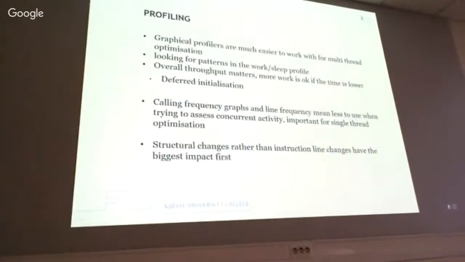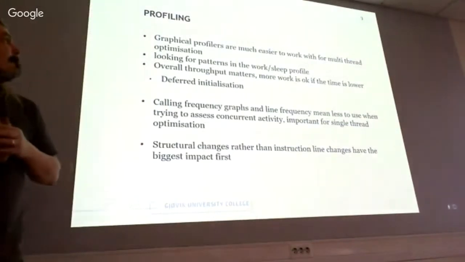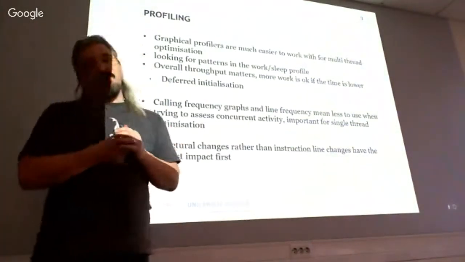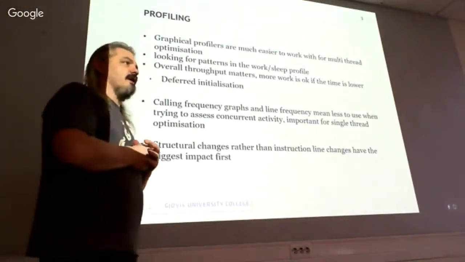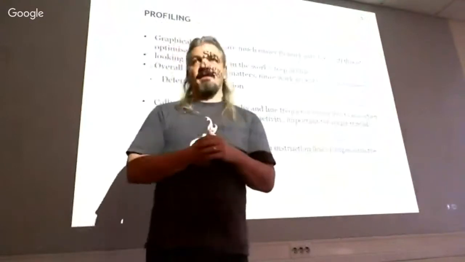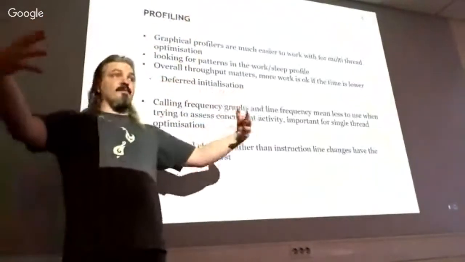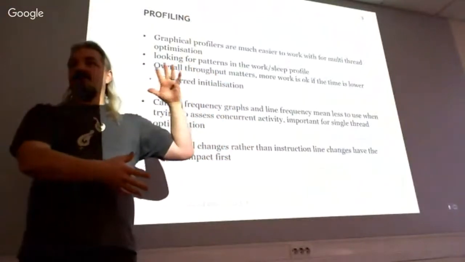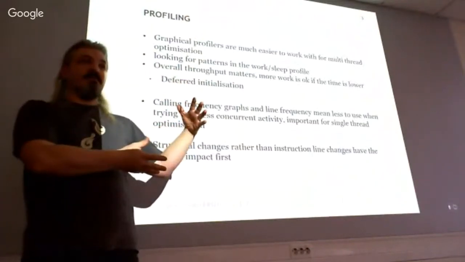So, profiling. A graphical profiler is much easier to work with for multi-threaded optimization. One of the problems with a text-based profiler is that if you've got multiple threads, and game engines usually have multiple threads, just seeing what the main thread is doing is a problem, because the main thread will often be just waiting, right?